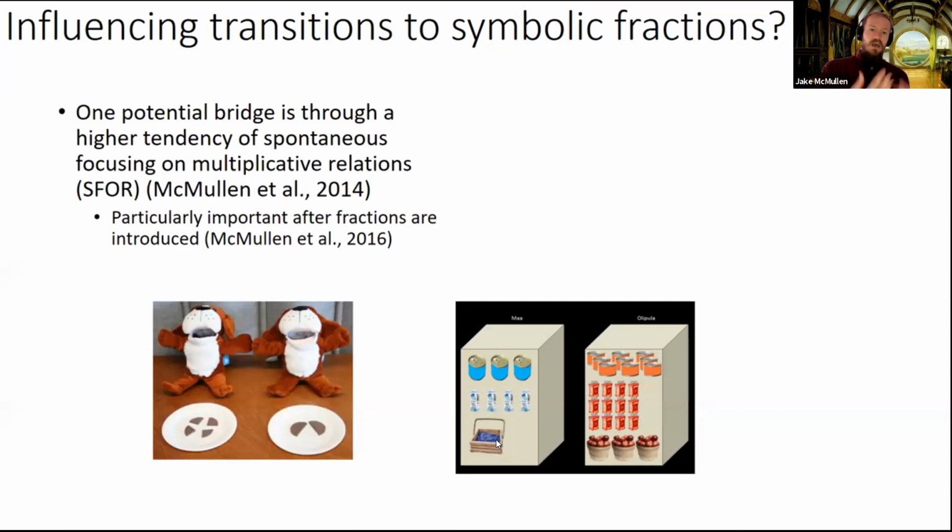We found that spontaneous recognition of multiplicative relations was predictive of their fraction development over, for instance, a 1.5 year period, and even onward up into other aspects of relational reasoning in mathematics, such as algebra. So that's a positive influence that we're examining in the present study.